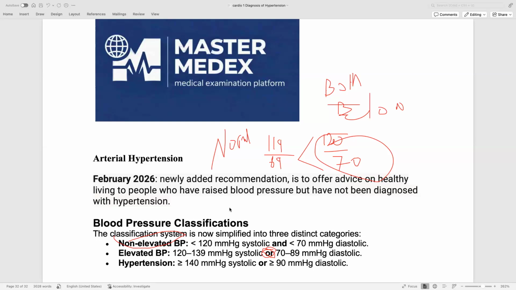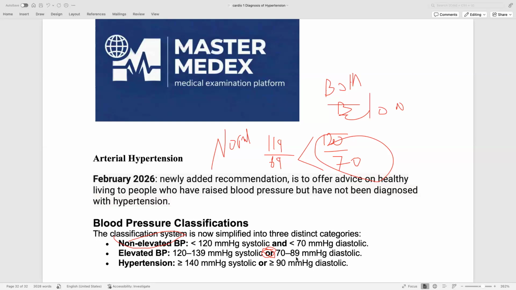And as per the new guideline, we should still offer them healthy living advice. This is very important even for the OSCE exam. These people should have a healthy diet, low salt, and exercise.